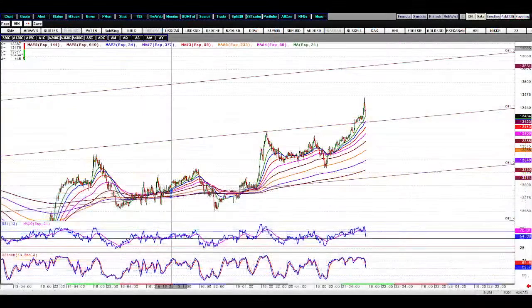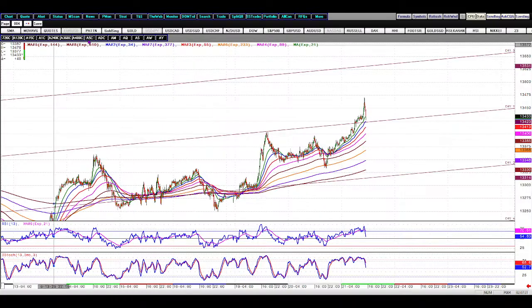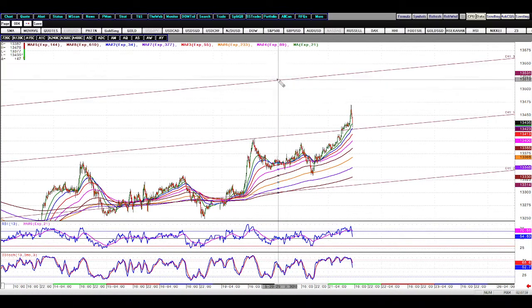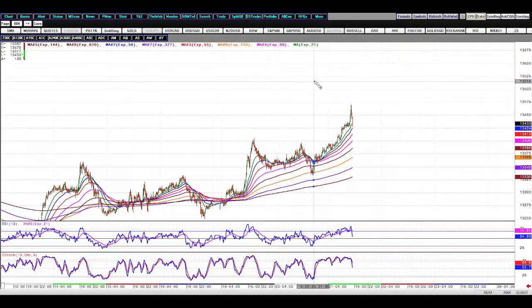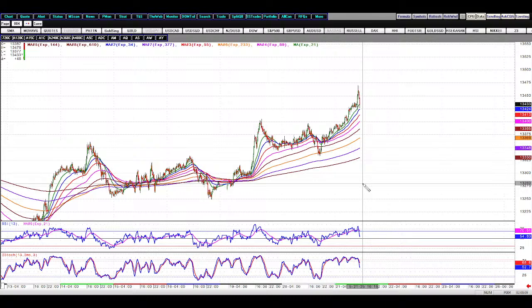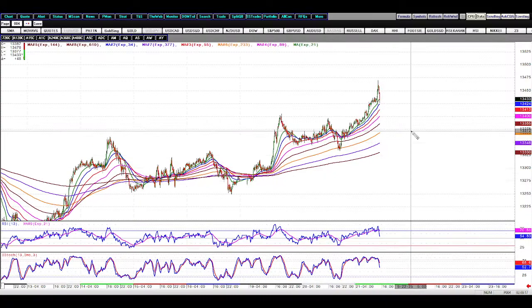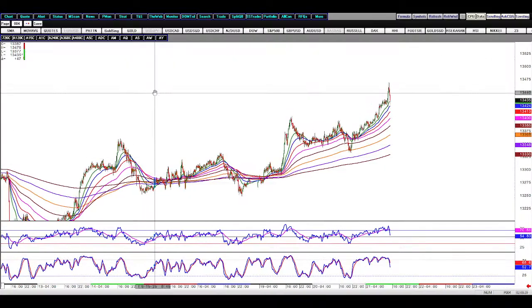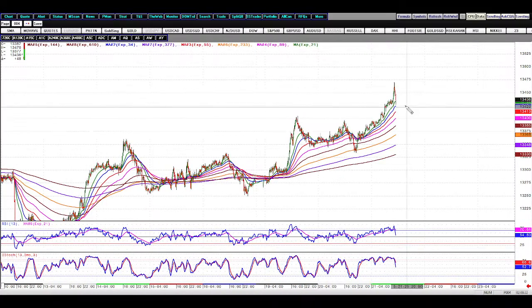So let's look into the chart. Okay, let's look into the chart. Euro. Let me see the euro. The euro chart is not here.